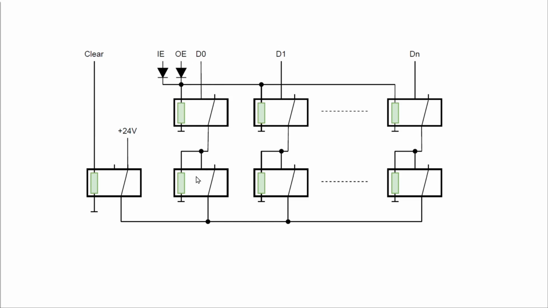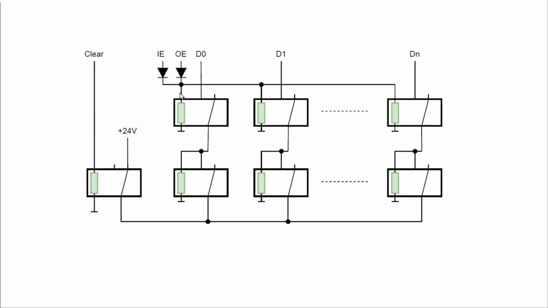And if we want to read out the register, if we want to see what information is stored in the register, then we set this output enable to active. These two signals here are the same. This has historical reasons why I use two different inputs.